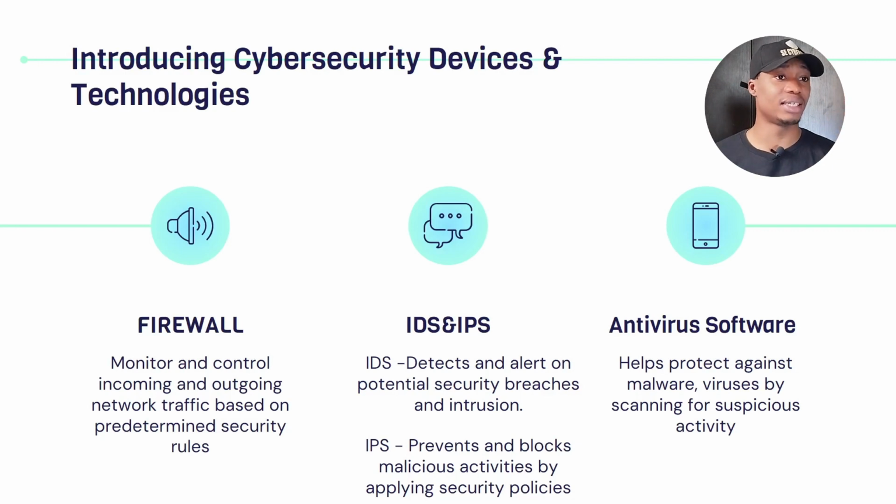So the next one is the IDS and IPS. IDS means intrusion detection system. You know what intrusion is. Then IPS is intrusion prevention system. An IDS detects and alerts on potential security breaches and intrusions.